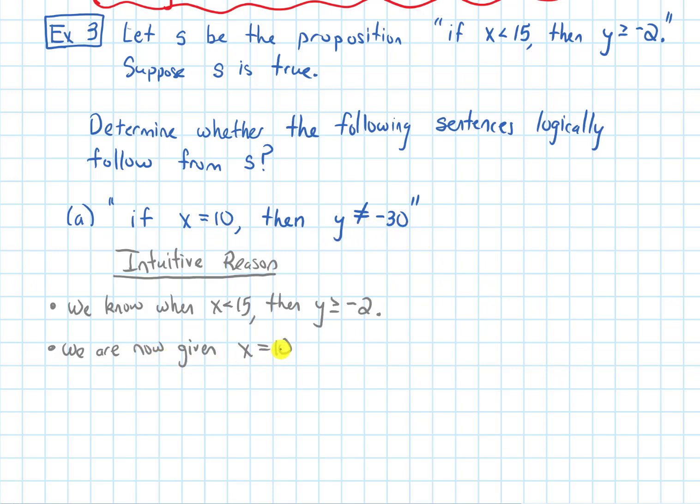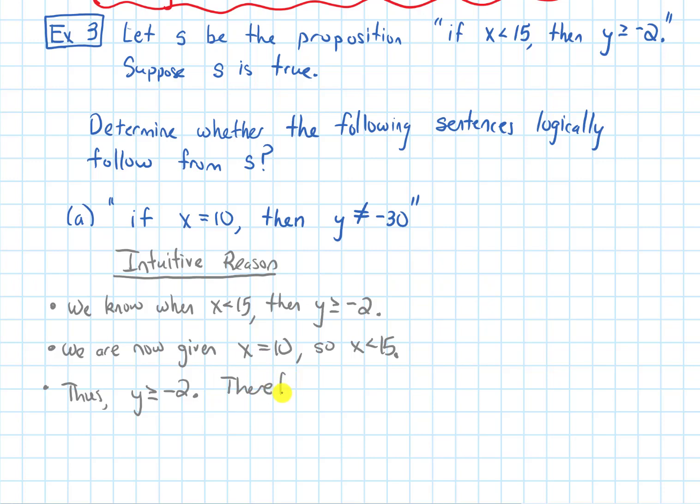And because x is equal to 10, that definitely falls under the category of x being less than 15. So this means x is less than 15. And because x is less than 15, that means y is greater than or equal to -2. So thus, y is greater than or equal to -2.